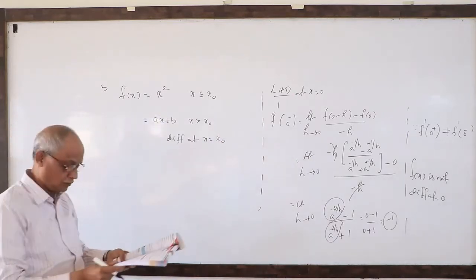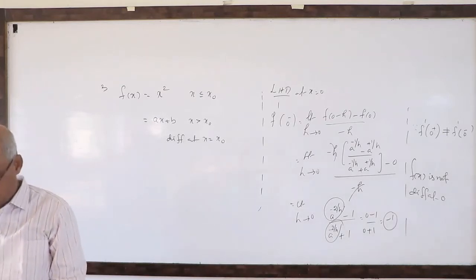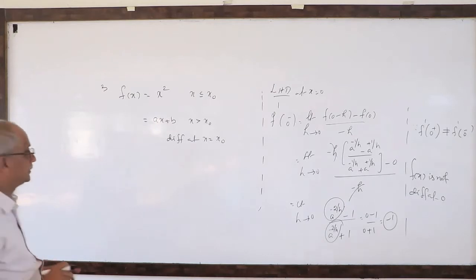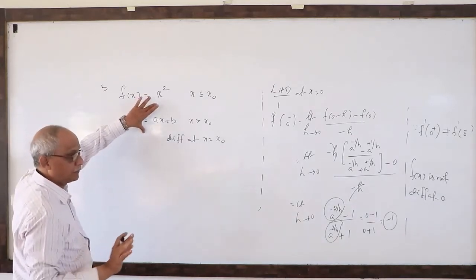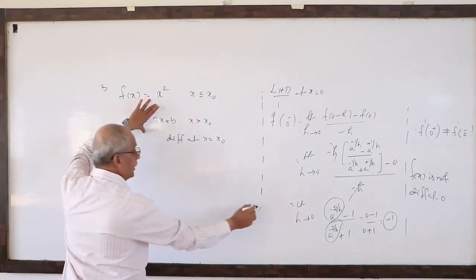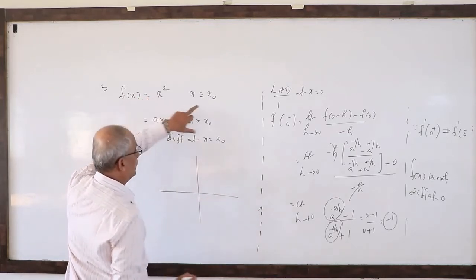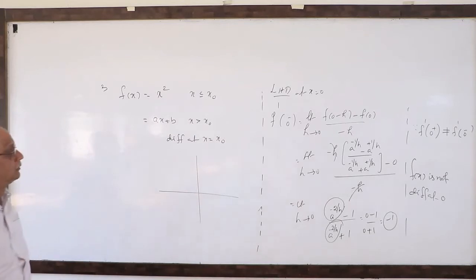Now you see here, if you draw the graph, getting an idea graphically is also better. x naught is any real number, suppose like 1, 2, 3, 4.